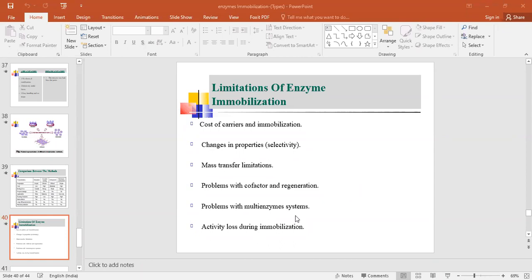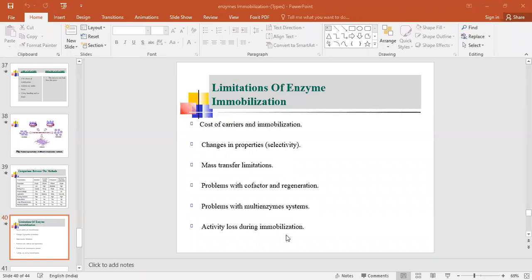Sometimes, for example, in a metabolic pathway, only one enzyme is not responsible to form the product. For example, in glycolysis, if I only give you the hexokinase enzyme, hexokinase alone cannot convert your glucose to pyruvate. It requires 10 enzymes, so it is a multi-enzyme system. So you cannot do that type of process by using this immobilization.